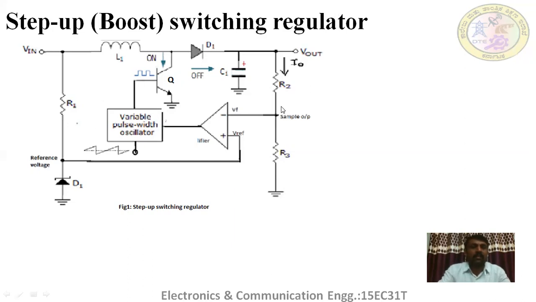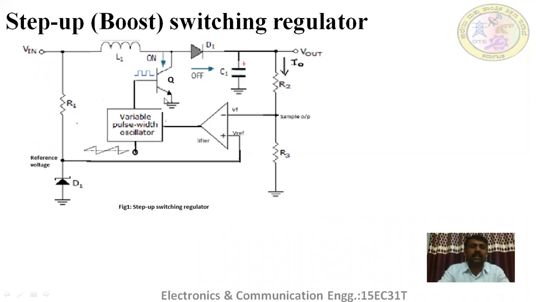Let me explain how this step up switching regulator works. Here also, to understand the operation of the switching regulator, it is required to know what happens when the switch is on and what happens when the switch is off. Let us consider when this transistor is on. On means it is closed.